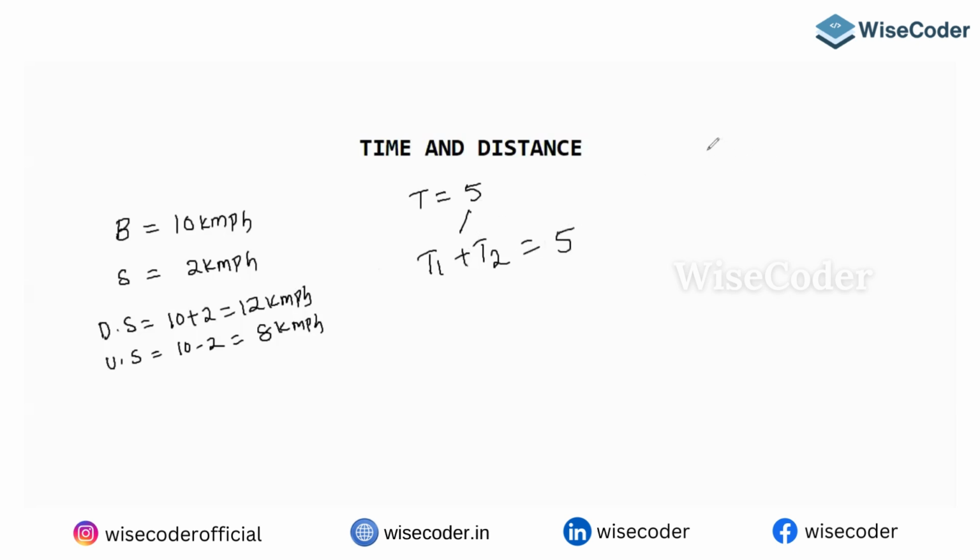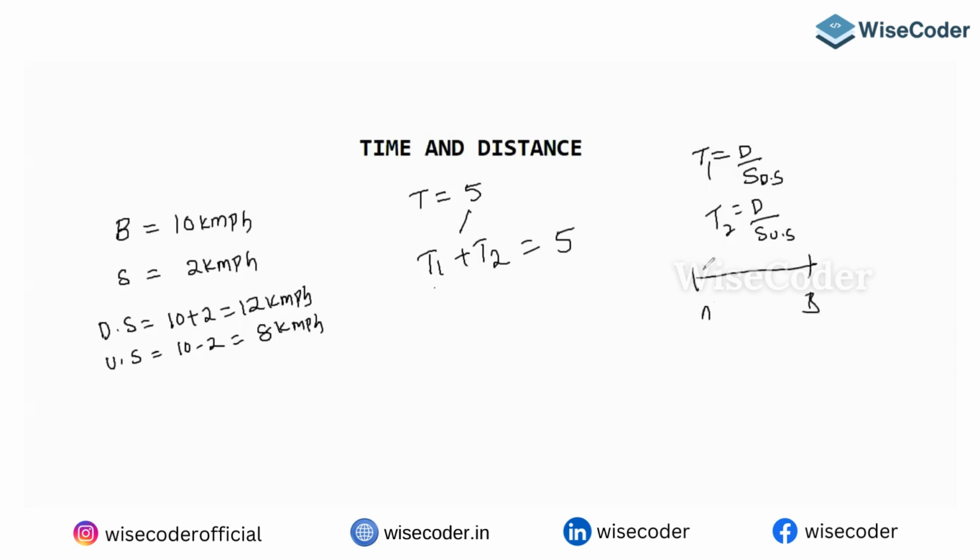Okay, guys, tell me what is the basic time formula? Distance by speed. Here the speed means either downstream speed or upstream speed. Yes or no? So T1, what is the distance? I don't know. There is some AB.